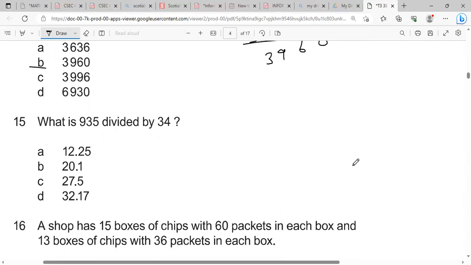All right, this one says, what is 935 divided by 34? So it's 935. Go ahead and work out that one, guys. You're going to get a decimal as they're shown here, but that should not be a problem, because you guys can divide and get your decimals. So go ahead, work out that one.